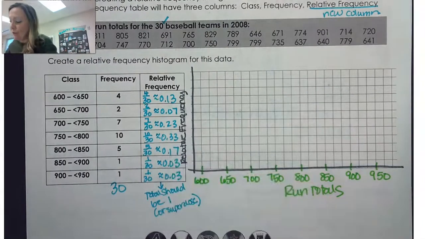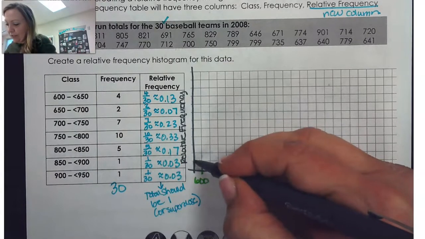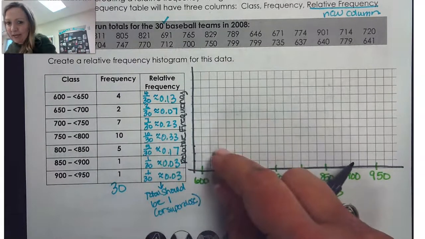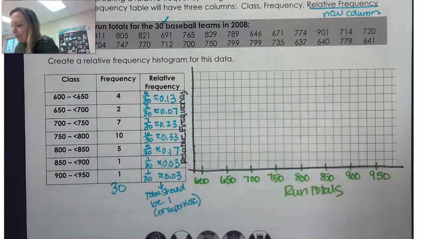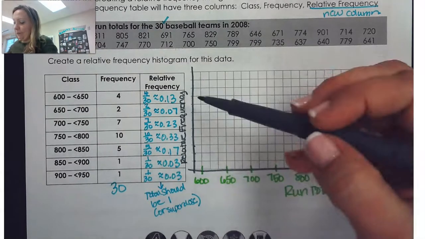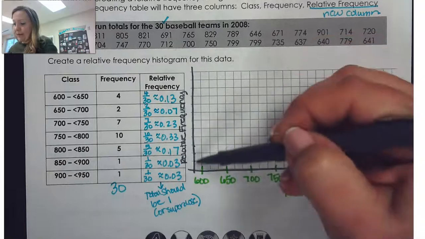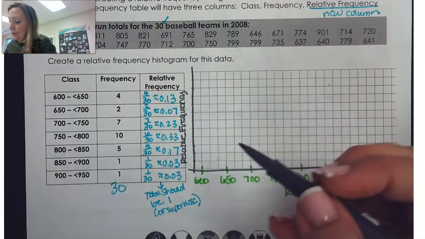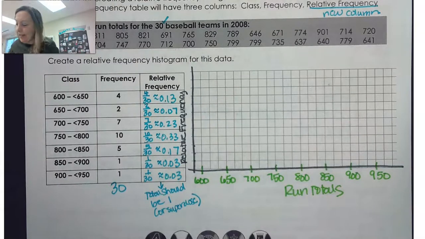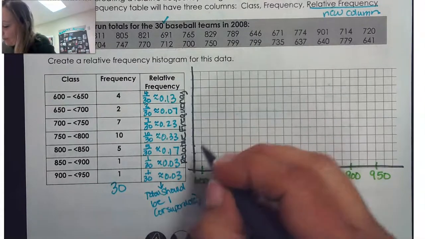So I'm not going to go by 10%, 10, 20, 30, because then everything's going to kind of be crammed in here. I don't want to go by 0.01 because I don't have enough room. So pick the smallest unit you can that'll fit, and that's going to be 0.05.